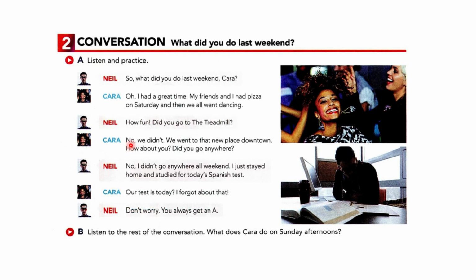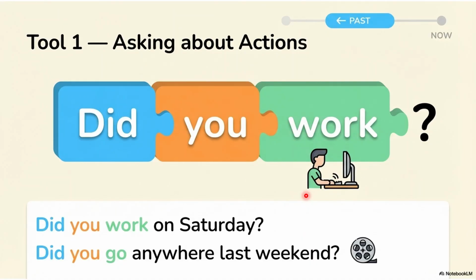It should I'm a student for stay. today's Spanish test. I'm a student for today's Spanish test. Our test is today. I forgot about that. Test is today. I Don't forgot worry, about that. you are way getting Don't worry, you are way You always get cheating an at A. get a name. Yeah, you cheating. always get an A. Okay, Get an A.